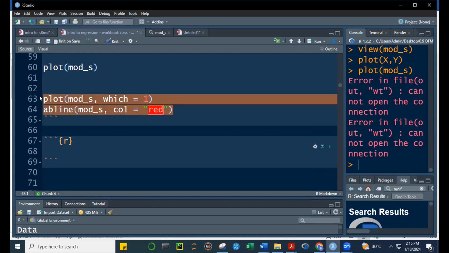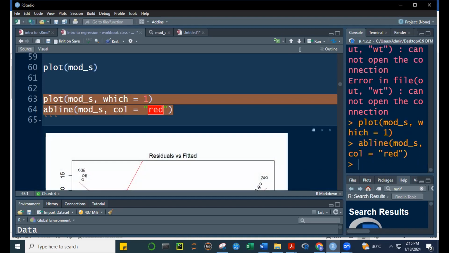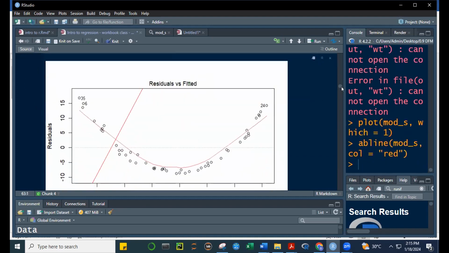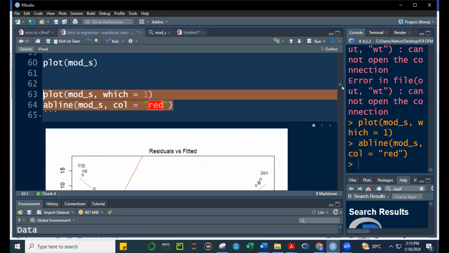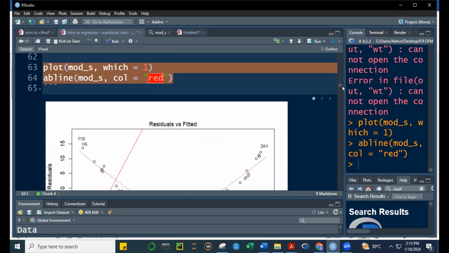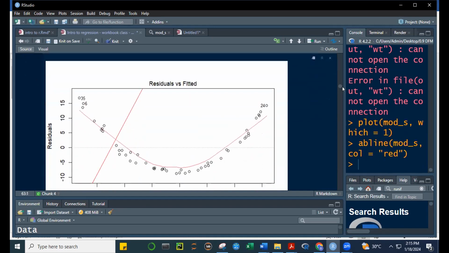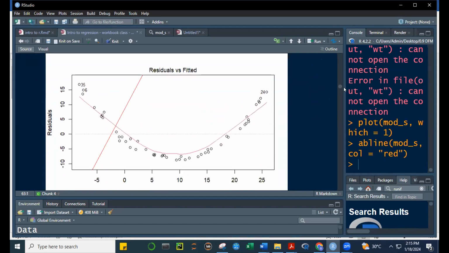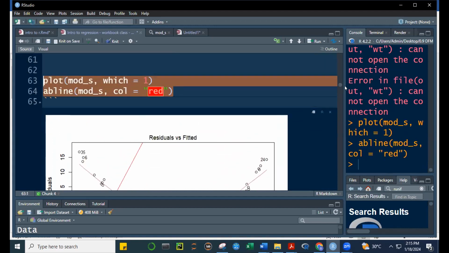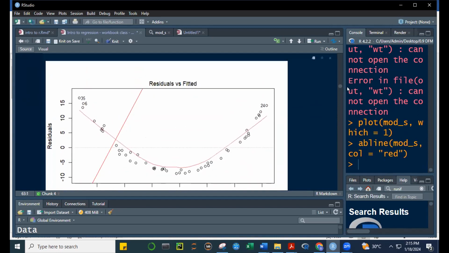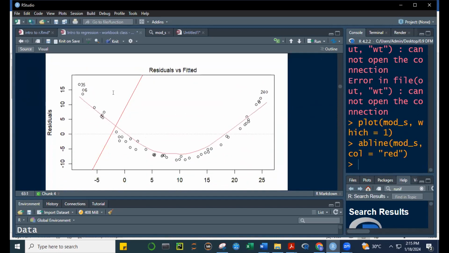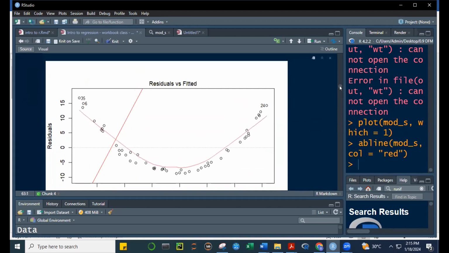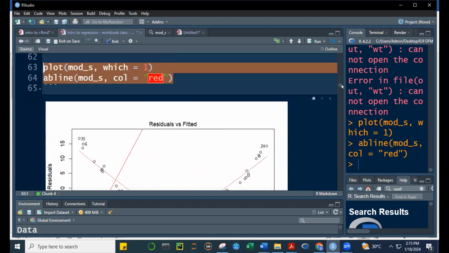I'm going to highlight this and then Control Enter. Okay, sorry, maling ginawa ko, no?